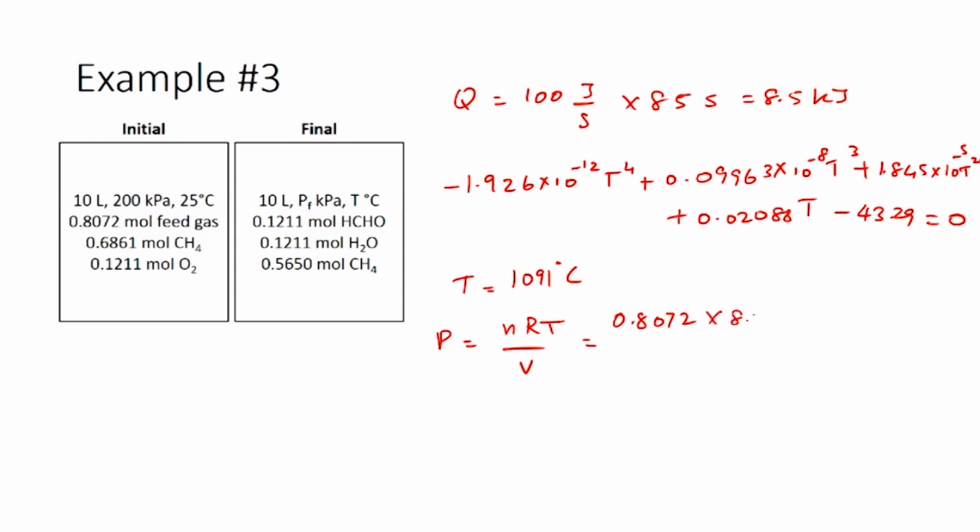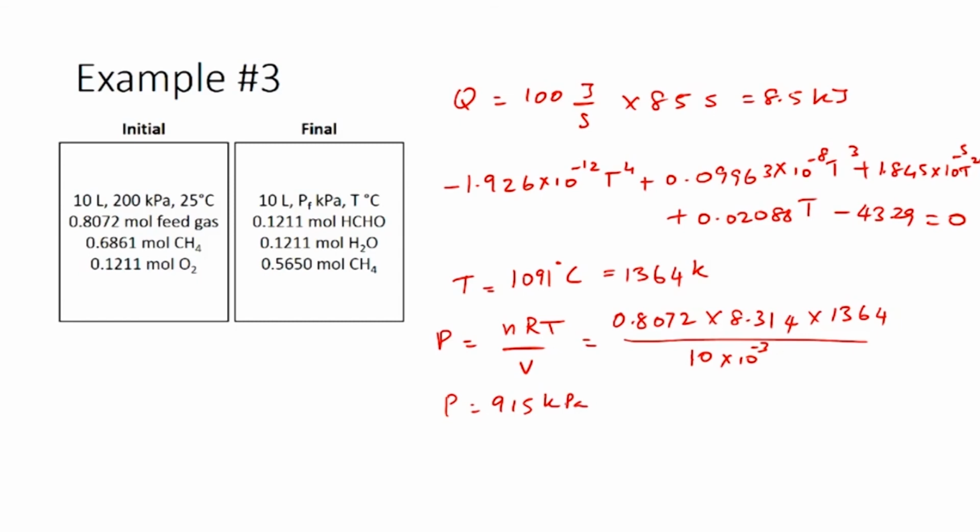R is 8.314 and the temperature is 1364 Kelvin, since 1091 degrees Celsius is equal to 1364 Kelvin. This is divided by the volume, which is 10 liters, or 10 times 10 power minus 3 meter cube. So, you are left with a pressure of 915 kilopascals. This is below the threshold given for the problem, so the pressure vessel should be able to handle this pressure.